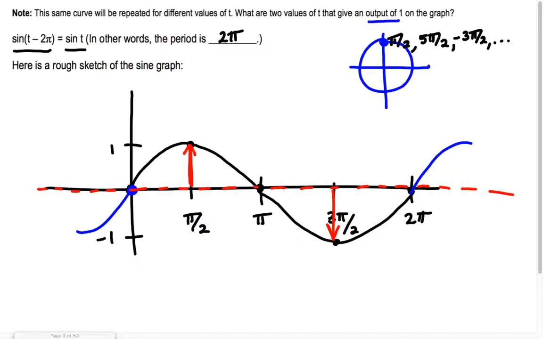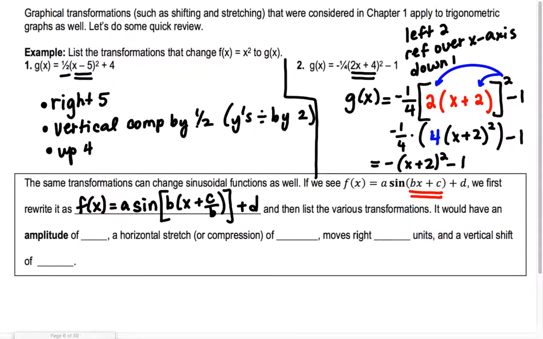Okay, so if we have this new function like this, what changes the amplitude? Our amplitude is affected by vertical stretches and compressions. What number is a vertical stretch or compression? And by number, I mean variable. Just this one right here, A. So it has an amplitude of A. Whatever number's all the way out front is the amplitude.